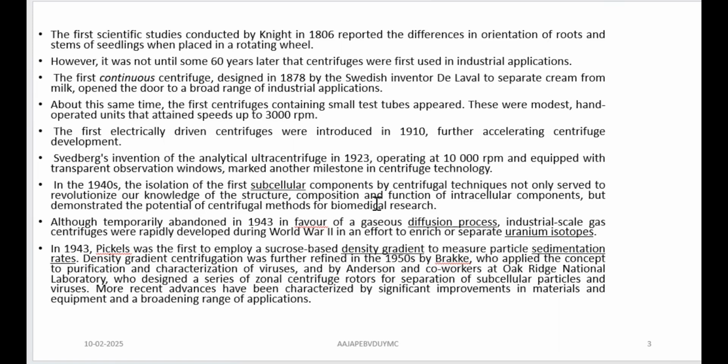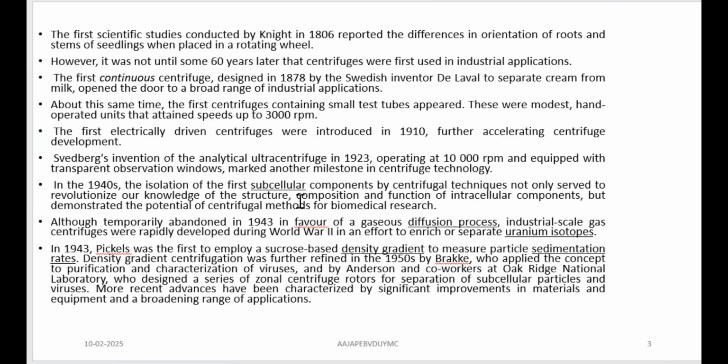Okay, now when we talk about separation using centrifuges, it is not only about particles suspended in a given aqueous or any liquid material, but as you all know, you can fragment the subcellular components by centrifugation technique, and that is differential centrifugation, right?